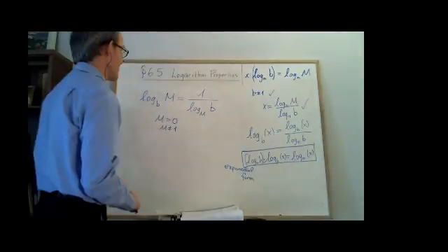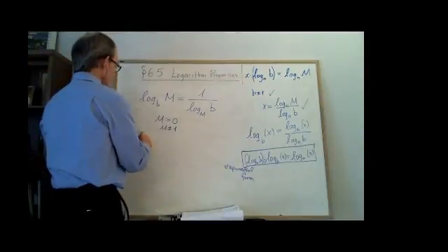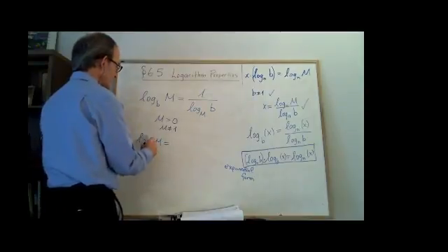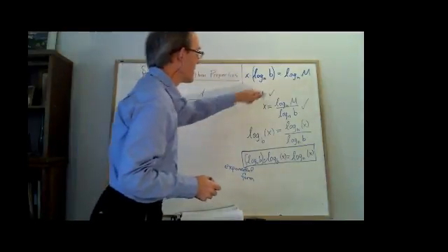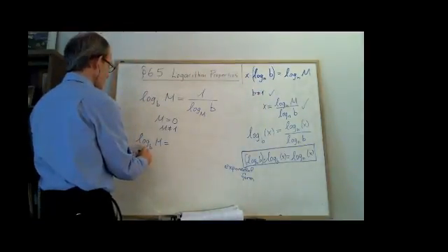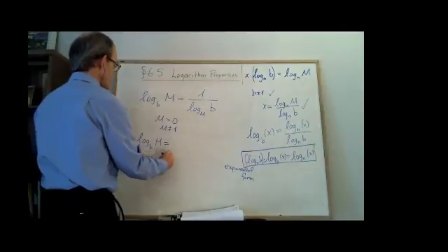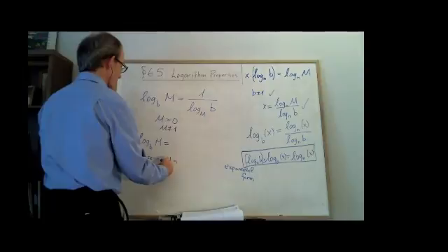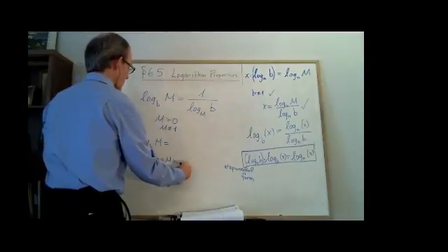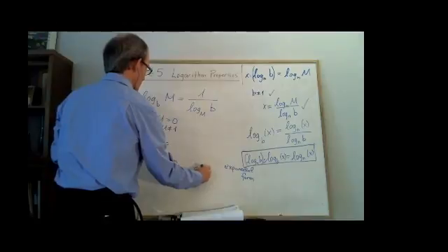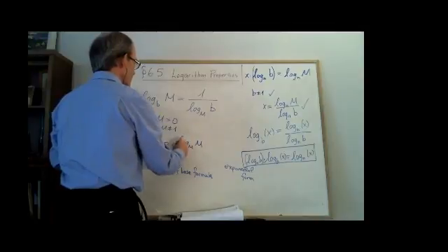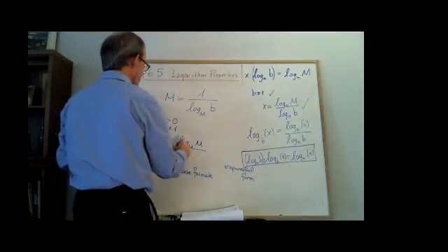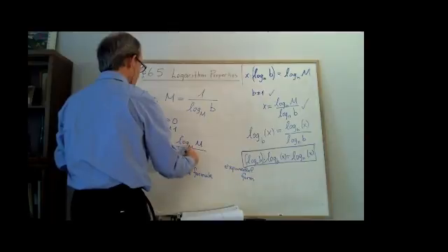Okay, so why is that true? Well, here you would use the change of base formula, where I change the base. I can choose the base to be anything I like, so n could be anything I like. So here I'm choosing n to be m in the change of base formula. And then I get log base m of m itself, the argument stays in the numerator there, over log base m of b.